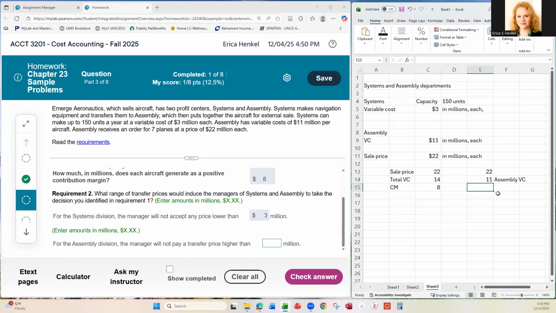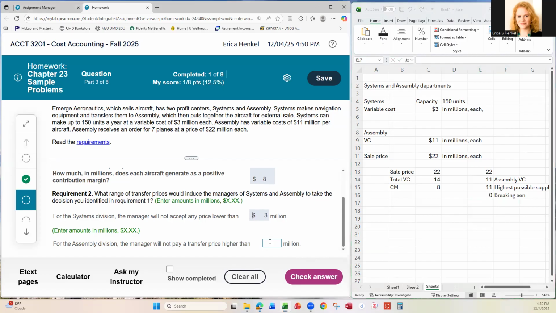The difference between those two is the highest possible supply price that they would pay, because they would break even on it. So they would be willing to pay up to 11, which would get them to a net contribution margin of breaking even.